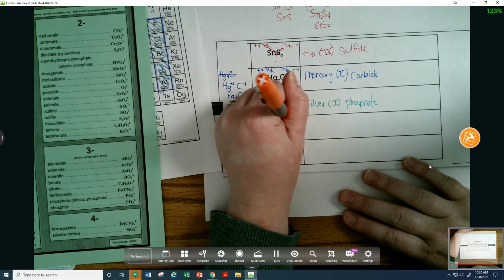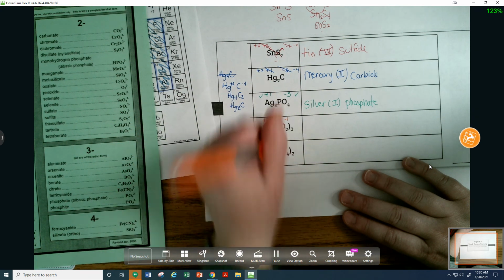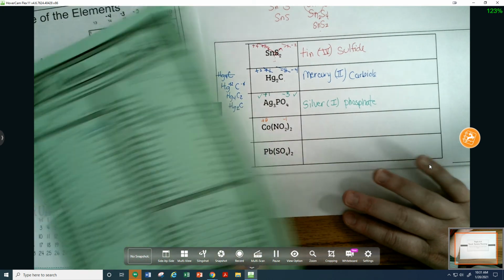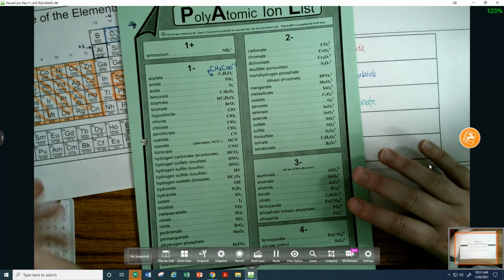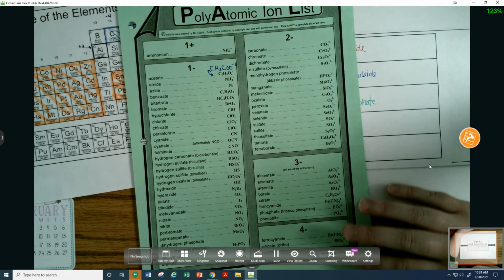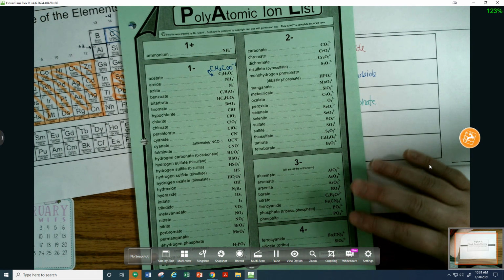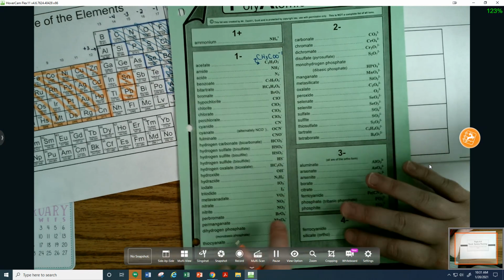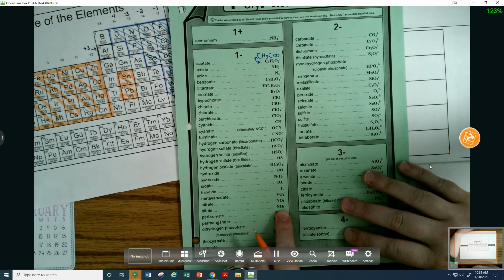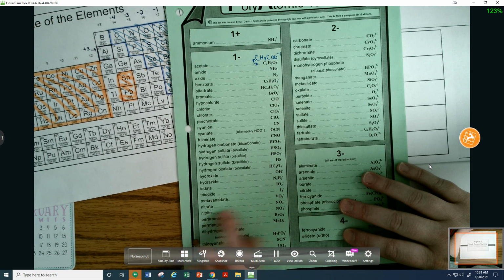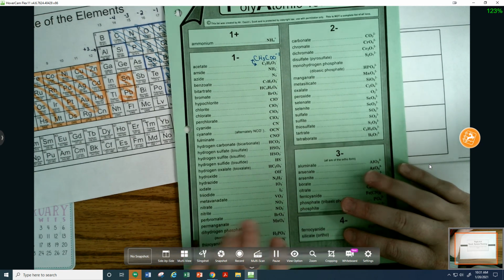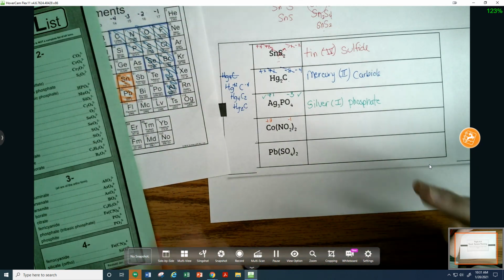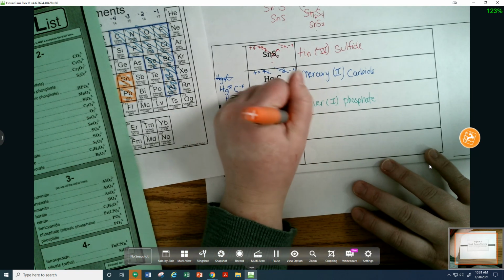I'm bringing up a 1 to the NO2 because there's no subscript there. So we have NO2. When we go looking for it on our polyatomic list, it's here. That's nitrite. And if I verify, the charge is indeed a -1.